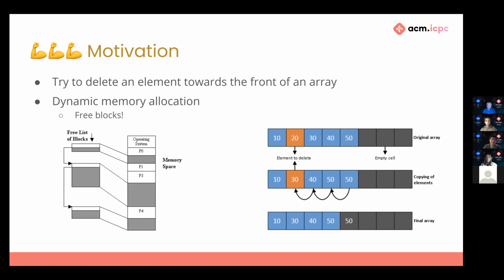I haven't really explained the specifics about the implementation, but I just wanted to give some motivation, right? That not only is it important for technical interviews and coding interviews, but it's also super important for other CS topics like dynamic memory allocation and operating systems, right?